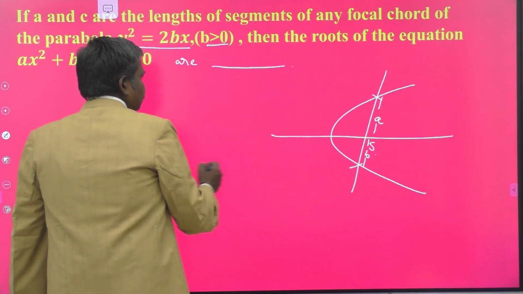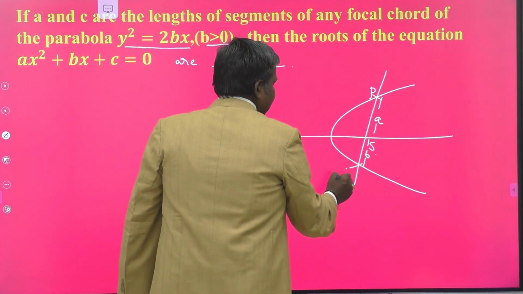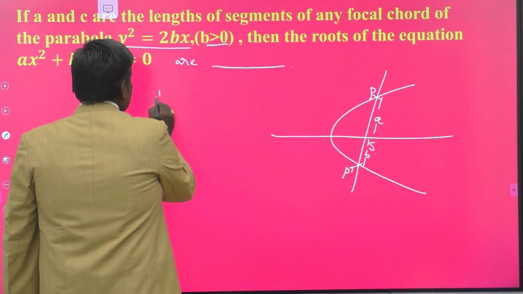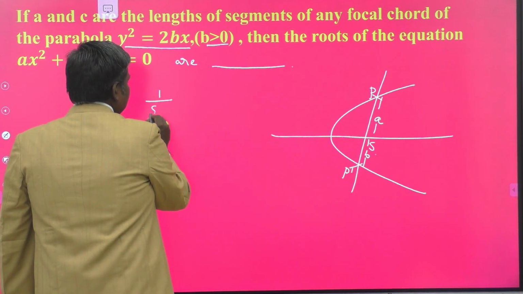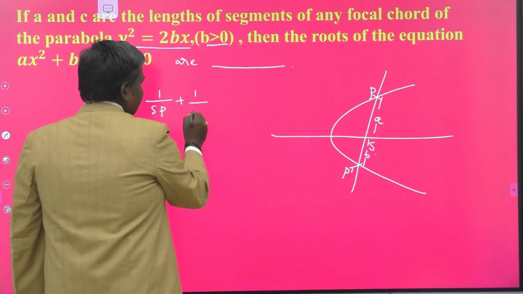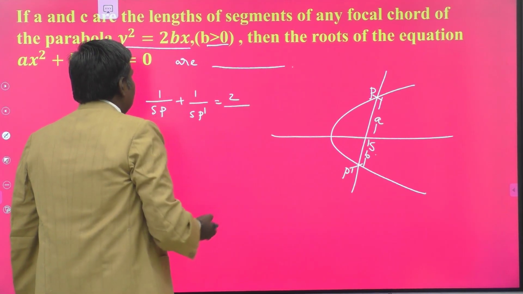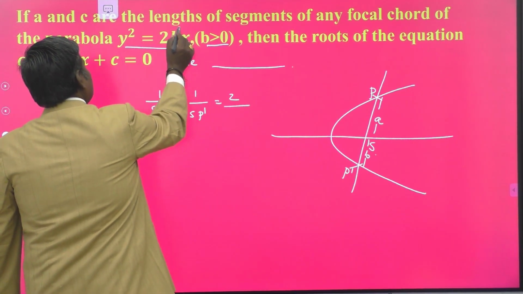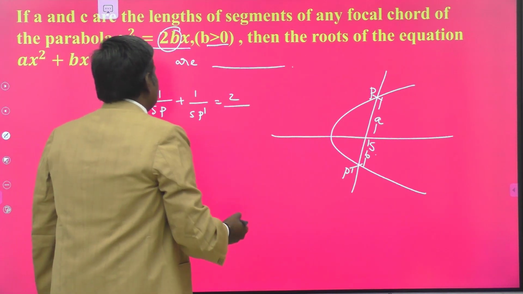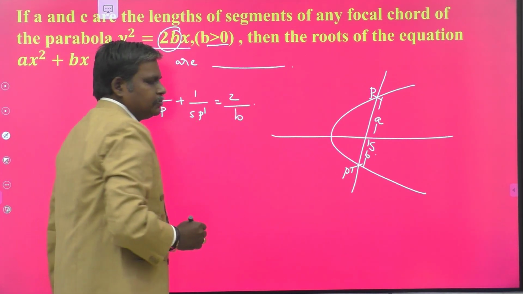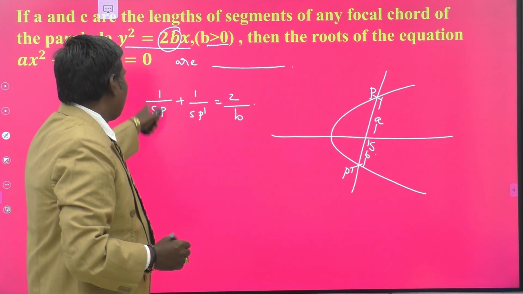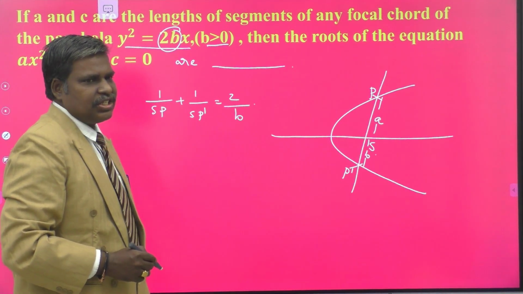Already we know that if PP dash is a focal chord, in the last class we discussed that 1 by SP plus 1 by SP dash is equal to 2 by L, where L means semi-latus rectum. Here the length of the latus rectum is 2b, so its semi-latus rectum is b. So 1 by SP plus 1 by SP dash is equal to 2 by b.